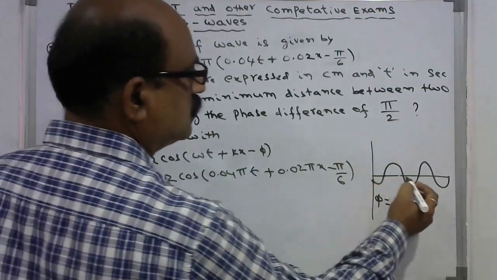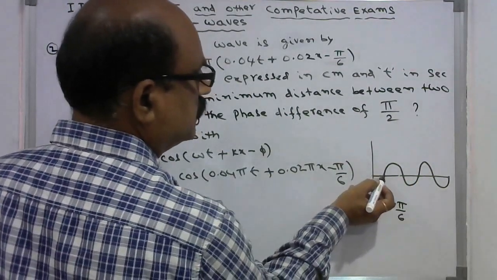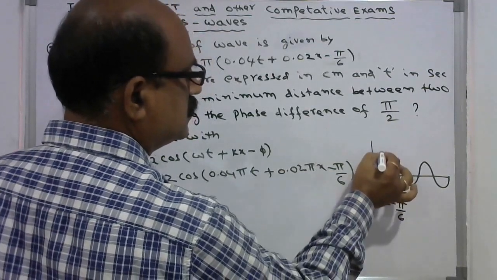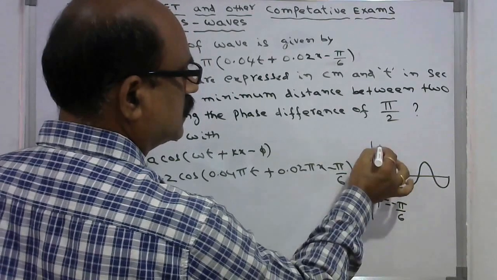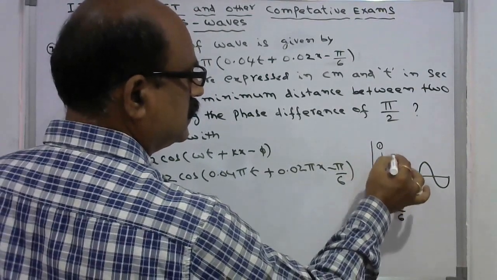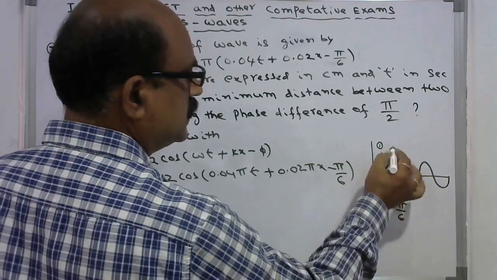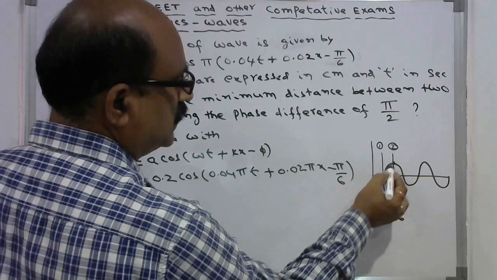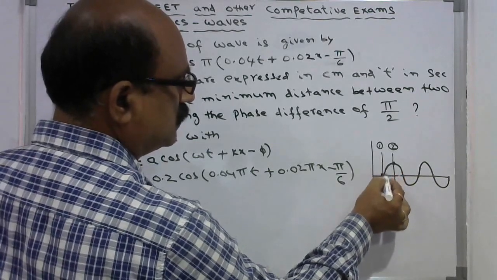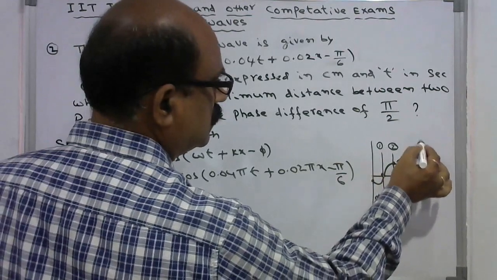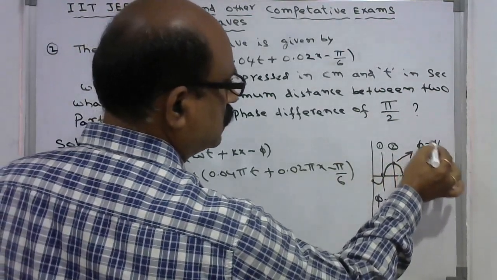And we have to find the distance between, say I write here this is one particle, particle 1, and I will take another point here. This is particle 2. So particle 1 and particle 2 differ by a phase angle of pi by 2 radians.